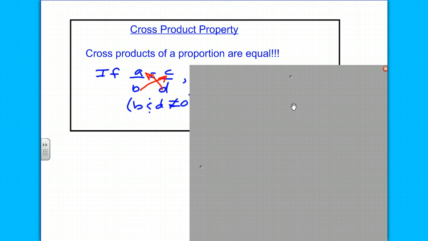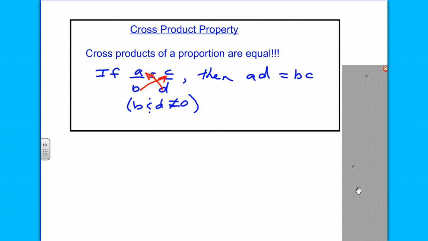So that proportion we just saw, if A over B equals C over D, then we can say, who could finish the rule? Then AD equals BC. Okay?